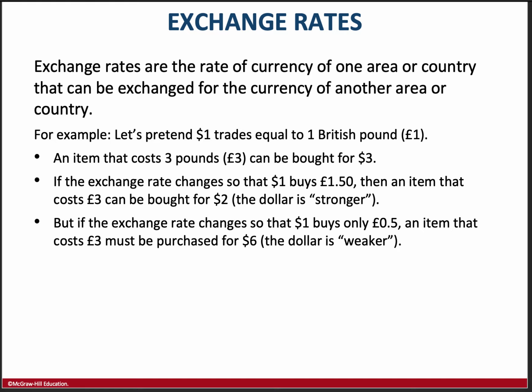So that means in that example, the dollar is stronger. But if the exchange rate is so that a dollar buys only half a pound, then an item that costs £3 must be purchased for $6, which means the dollar is weaker.